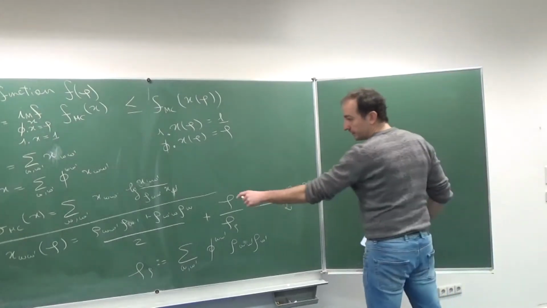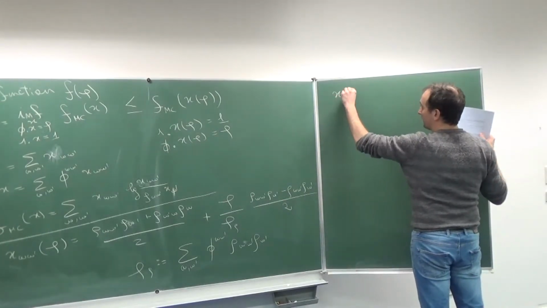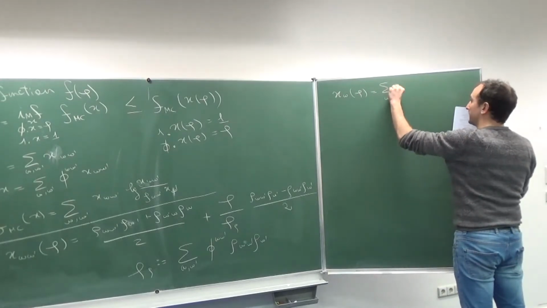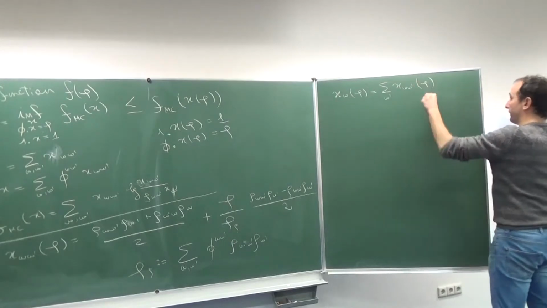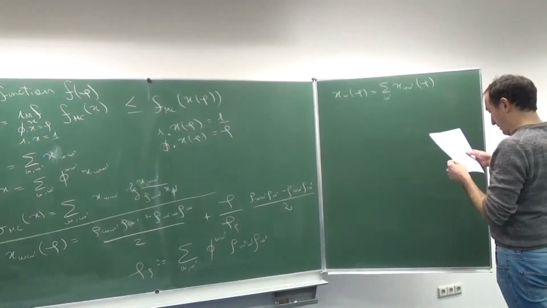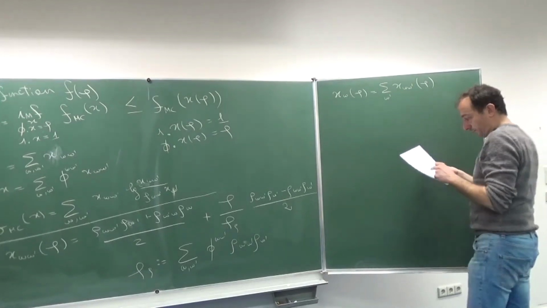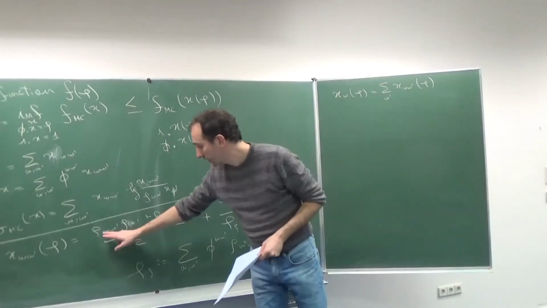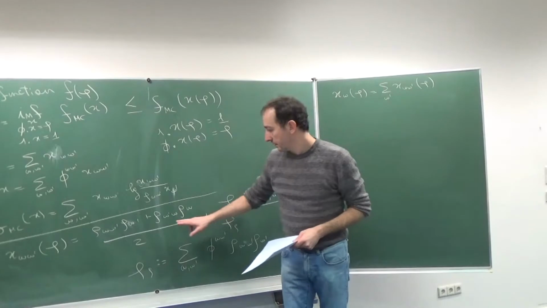So from this particular solution we can also compute x omega of phi, which is the sum over omega prime x omega prime of phi. Well, you can do the calculation. When we sum over omega here, we get 1, so it gives you rho omega prime.